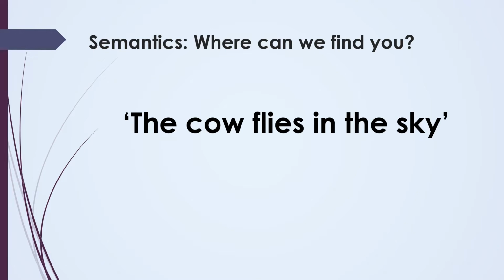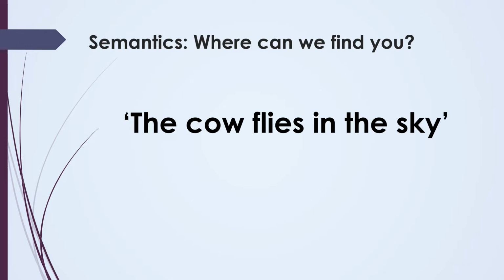It doesn't happen in real life, only in an imaginary world, only in a fairy tale. In real life, naturally, we don't say or see this: the cow flies in the sky. But what's the problem in this sentence?